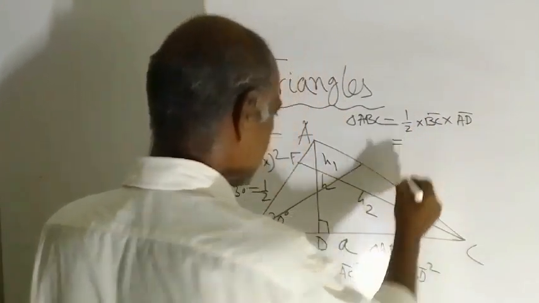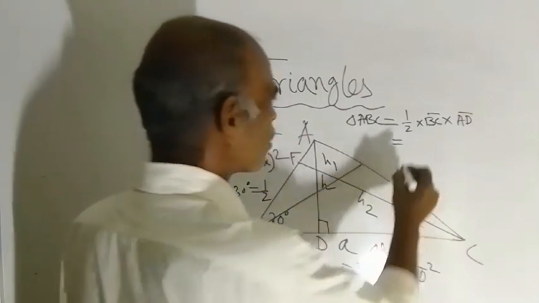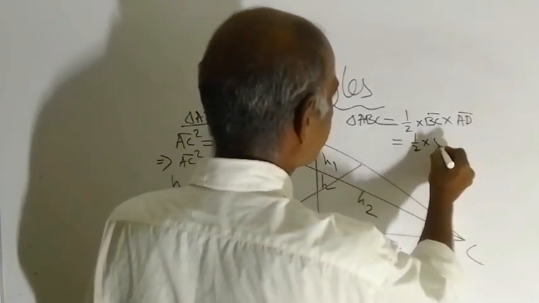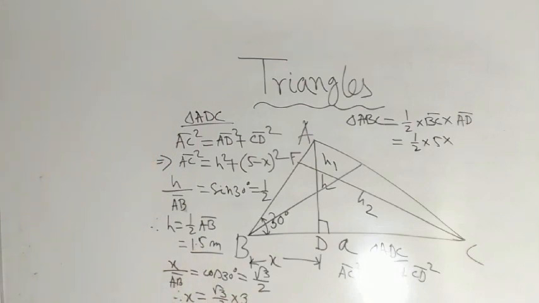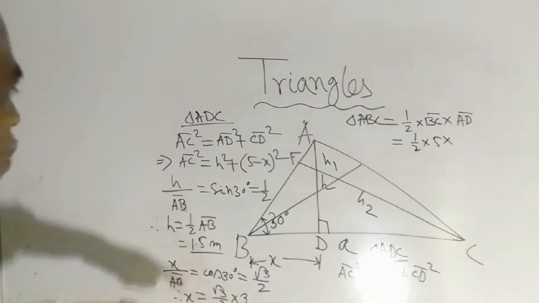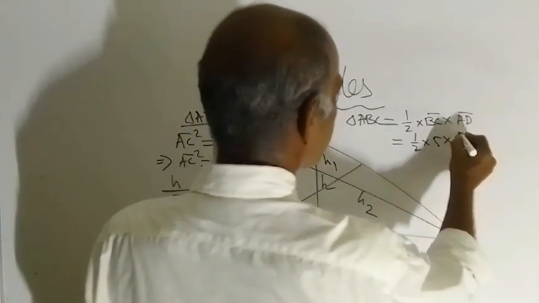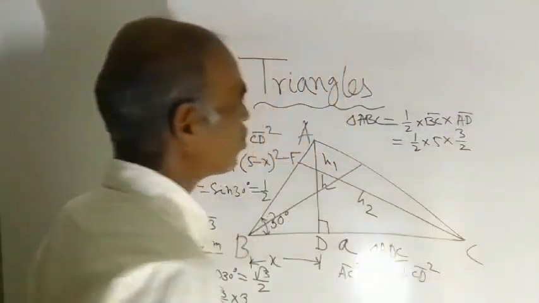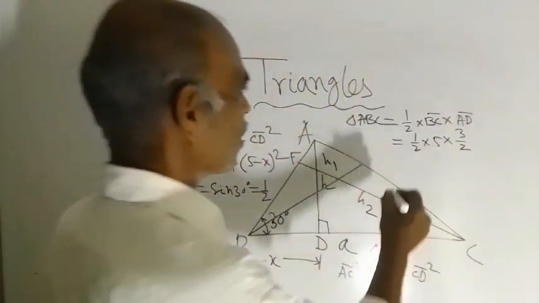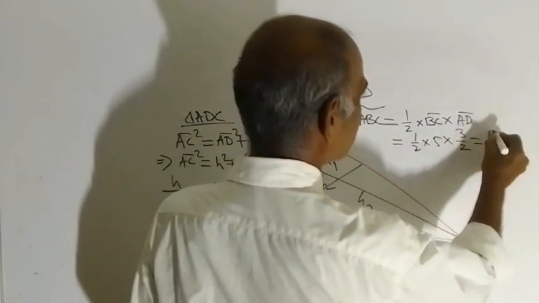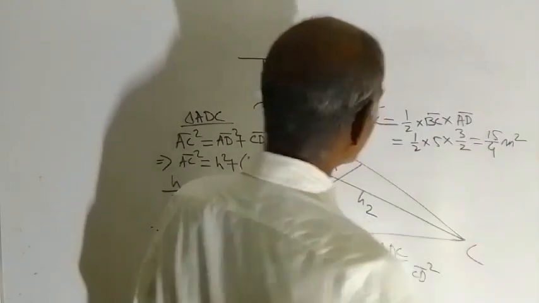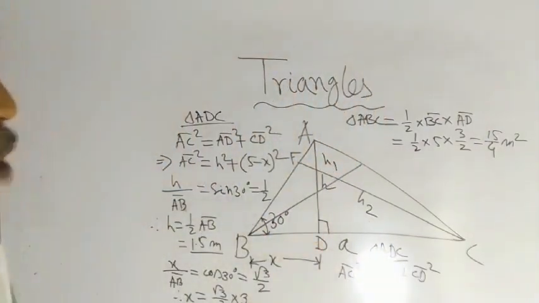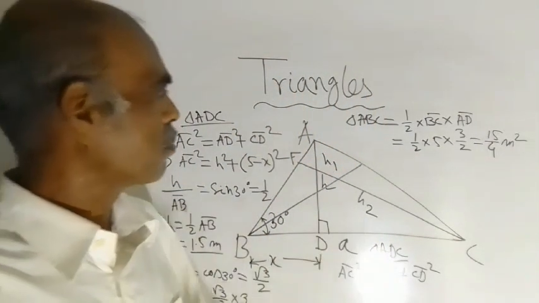BC was given to be 5 meters. So half into 5, and AD means H, and H was 1.5 meters or 3 by 2 meters. So 15 by 4. Square meters, not meters, since this is the area of the triangle. 15 by 4 square meters.